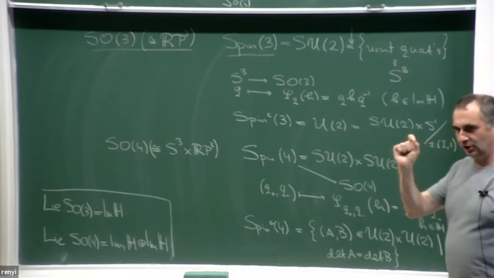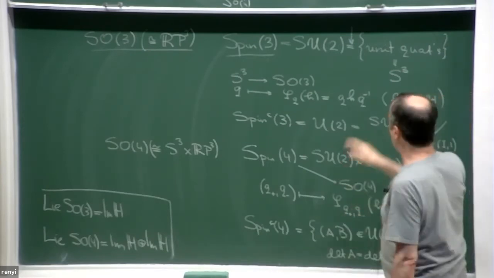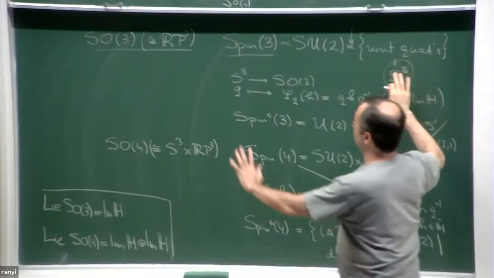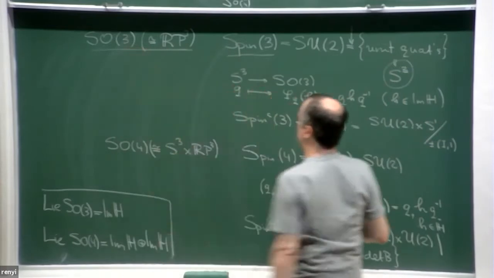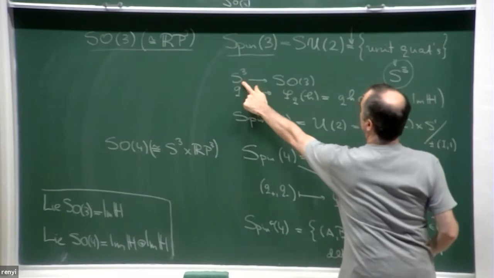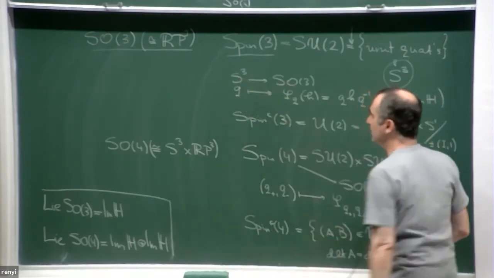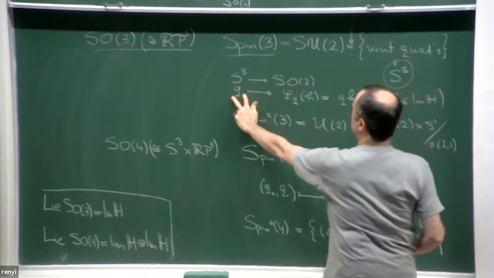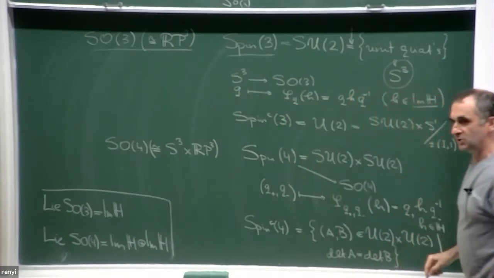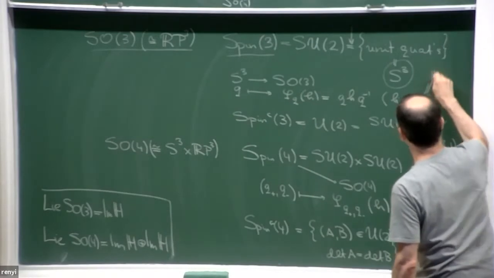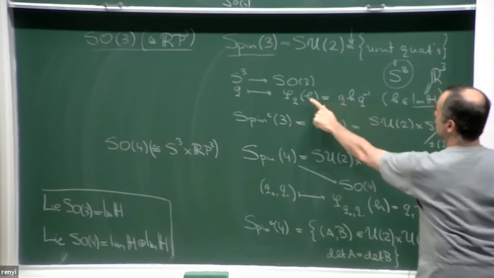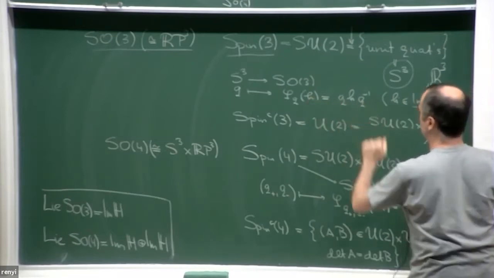The circle is either SO(2) or U(1). Well, this is obviously S3, so everything fits. This is really a double cover of SO(3), and the double cover map can be given from S3 to SO(3) by sending a unit quaternion q to a map from the imaginary quaternions to itself. Remember, the imaginary quaternions are just three-dimensional Euclidean space by this formula. So it sends h to q h q inverse.